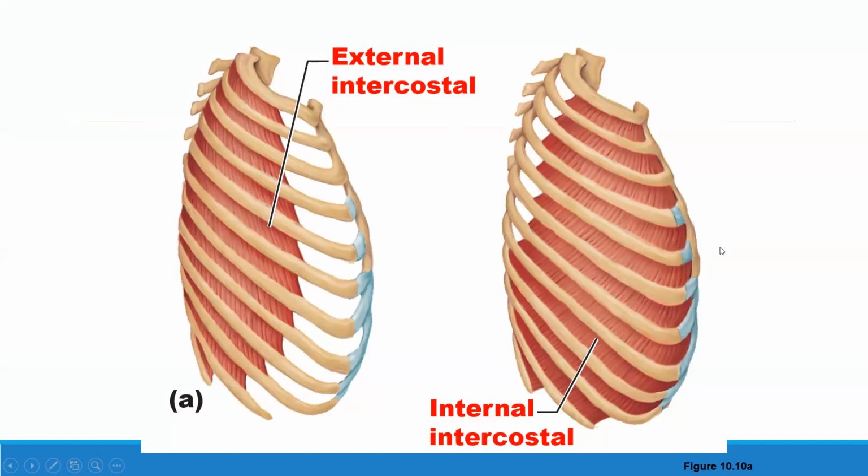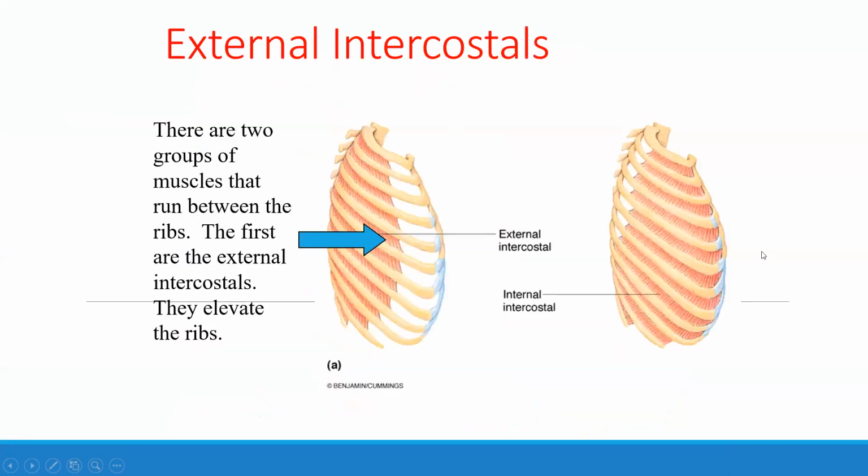The internals are underneath. When the external intercostals contract, they elevate the ribs and the thoracic cavity gets larger. The diaphragm drops, the whole thoracic cavity enlarges, the lung volume increases, the air pressure inside the lungs drops, and air rushes in. That's how we breathe.